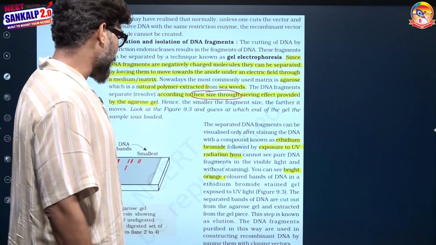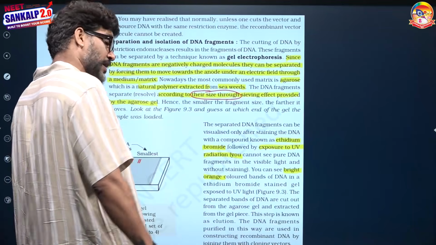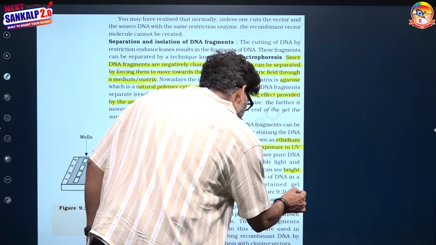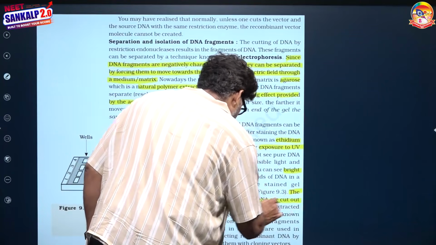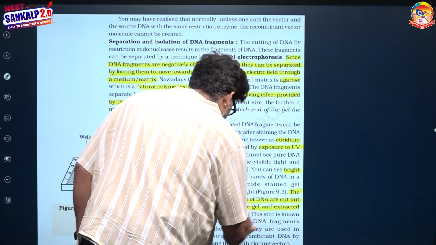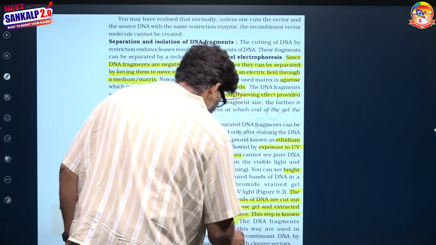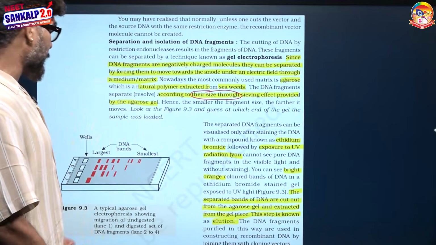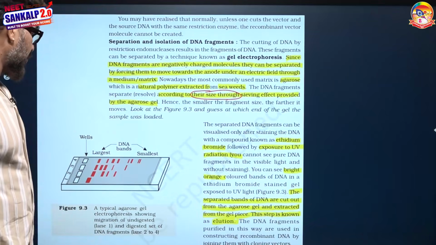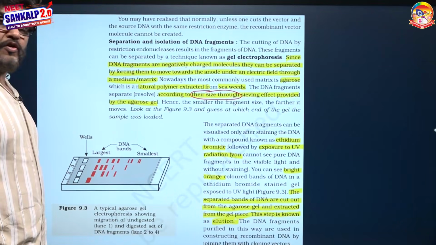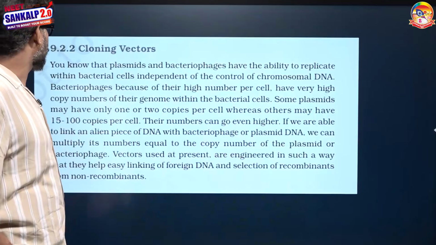These separated bands of DNA can be cut out from the agarose gel and extracted from the gel pieces. This step is known as elution. The DNA fragments purified in this way are used in the construction of recombinant DNA.